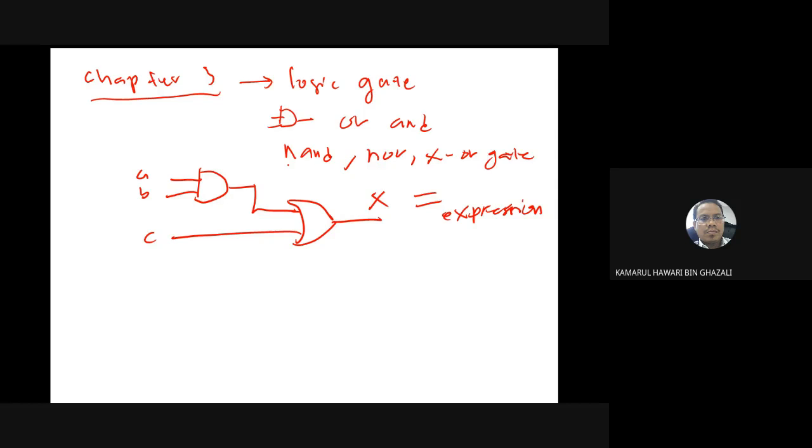Okay, chapter 4 is Boolean expression simplification.